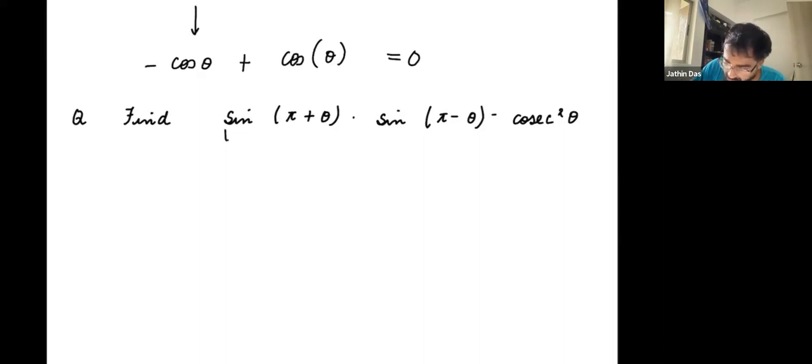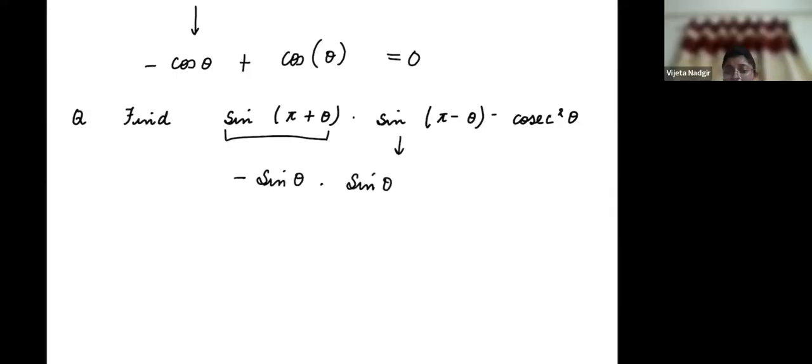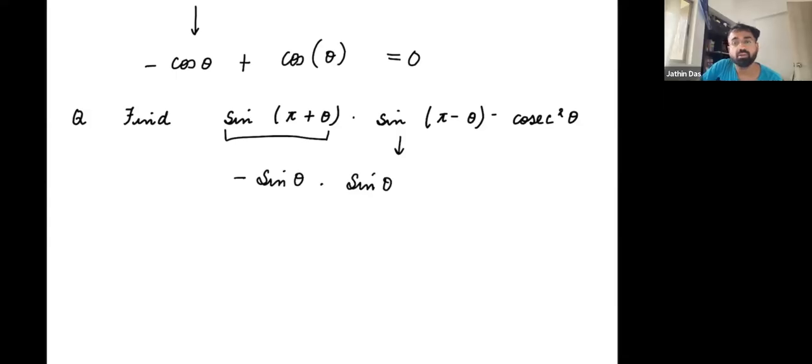Okay. So what is this? Sine what? This will be minus sine theta. And this will be sine theta. So why minus? Because 180 plus. And this is into 1 by sine square. So minus 1, no? Yeah.